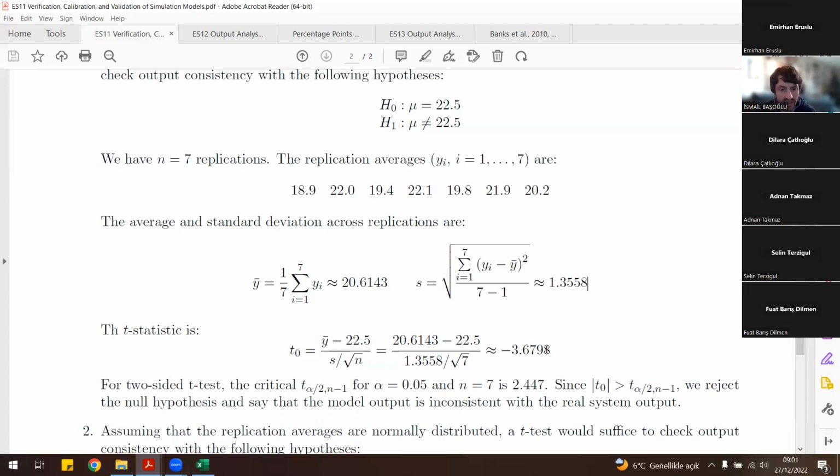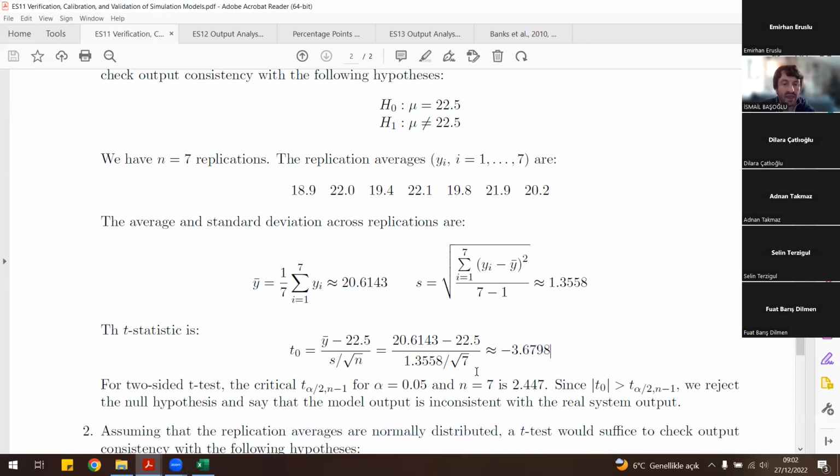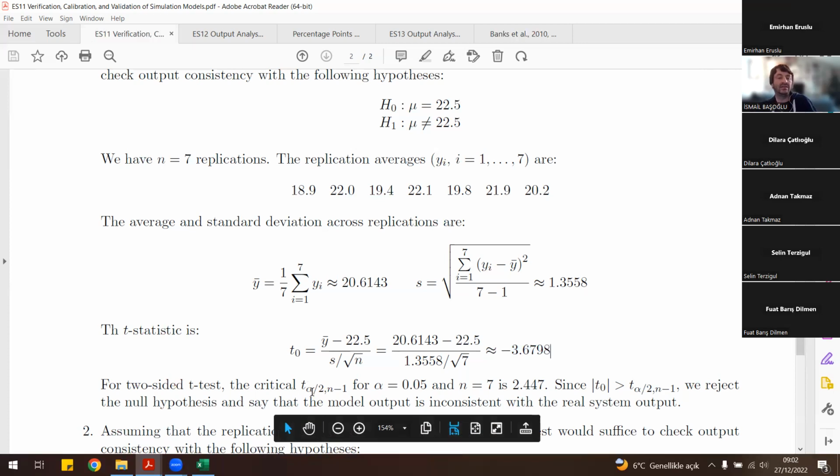Now, obviously, in order to make this decision, we definitely need a critical t-value to compare with the absolute value of our t-statistic. So the absolute value of our t-statistic is 3.68 approximately, and we need to compare it with a critical t-value. And this critical t-value is obtained by using the significance level assumed by the question.